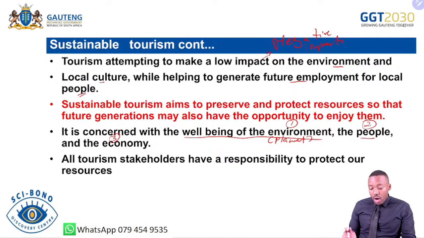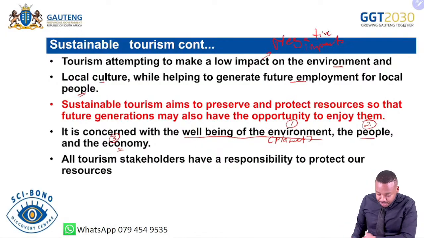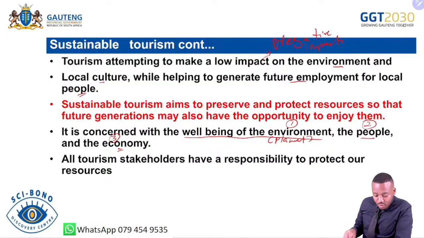Number 2, sustainability is concerned with the well-being of who? Of the people. Which people? The people who are involved in the tourism industry, directly and indirectly, and also the economy of where tourism takes place. In terms of economy, remember, in this context, it has to do with money or income. So what are we saying now? What are we preaching?